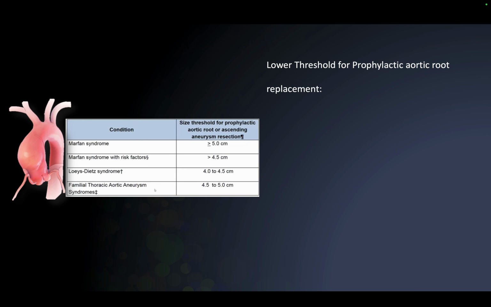For Marfan syndrome, if the diameter is more than 5 centimeters, that's an indication for prophylactic aortic root surgery.